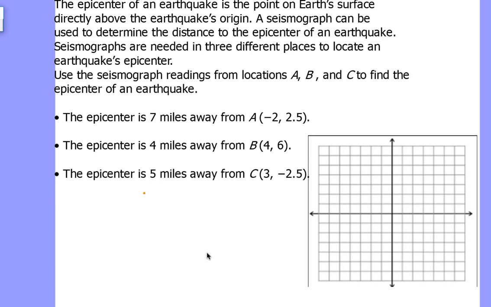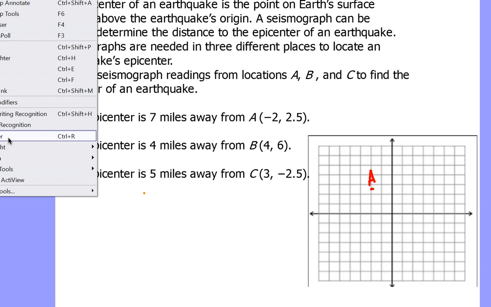So let's take a look real quick and see how this relates to what we know about circles. In this first example, we had an earthquake reading from point A at -2 and positive 2.5, roughly. That was A, and it said that the epicenter was 7 miles from that point.